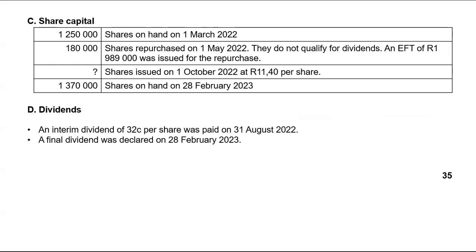There was nothing before the buyback. I'm just going to stop right there. But I'll just read this part here. These shares were repurchased on the 1st of May 2022, and they say they do not qualify for dividends. Good. An EFT of 1,989,000 was issued for the repurchase. Okay.